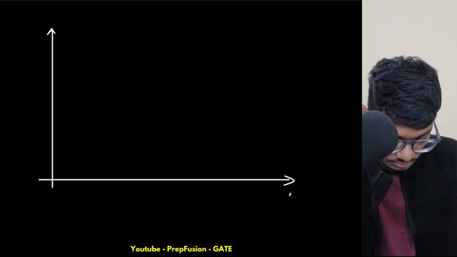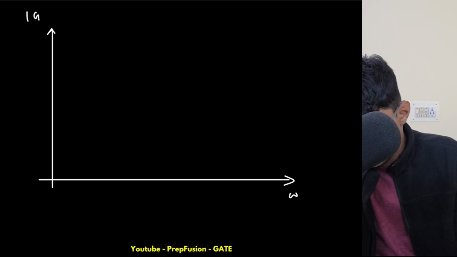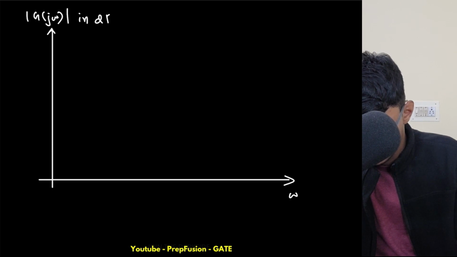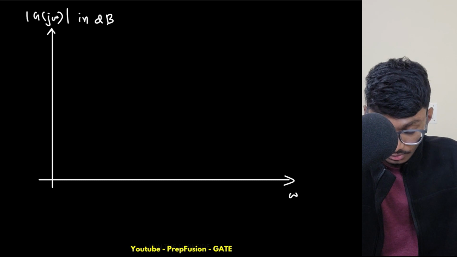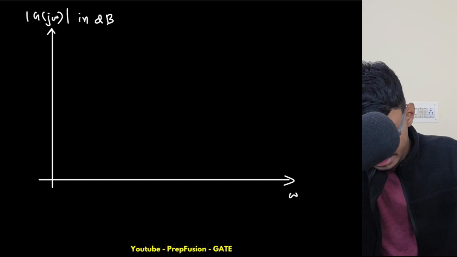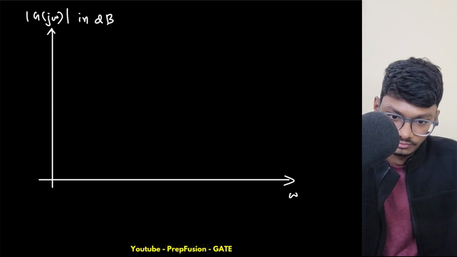So this is omega, and this is the magnitude of g of j omega in dBs. The exact plot will be something like this, just the inverse of the earlier one.